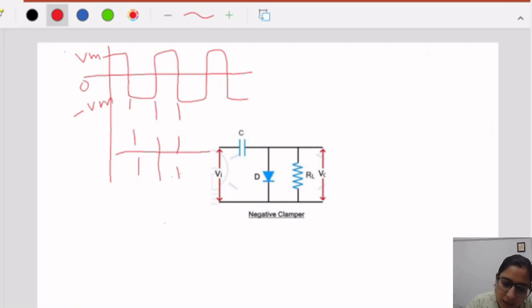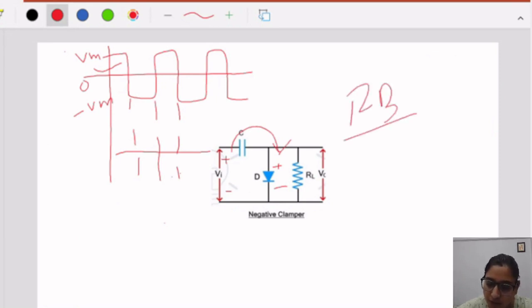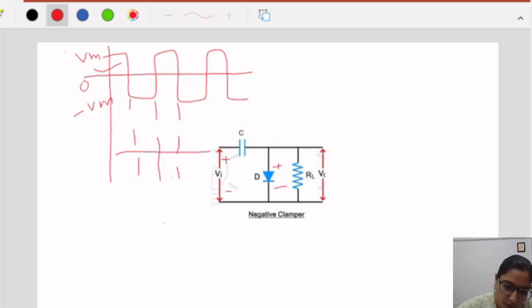See, if we consider the positive half, 0 to Vm, the polarities will be like this and the diode is connected in this manner, so polarity will be like this. So in the positive half, due to this positive battery, the diode is working in forward bias. Because positive of battery is connected to positive of the diode, it means the diode is working in forward bias. If the diode is working in forward bias, it behaves like a short circuit. Why so?